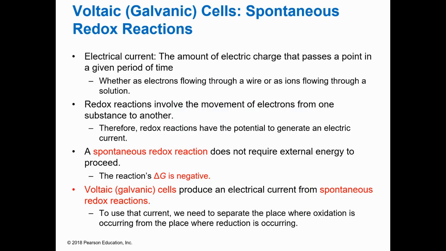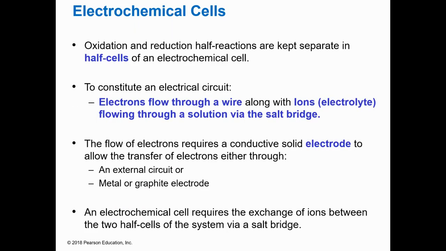All right, so we're going to have electrical current, and that's how we're going to measure the spontaneity of that reaction. Just remember that delta G is negative for spontaneous reactions. And again, those voltaic or galvanic cells, those are the ones that we're focusing on that are going to be spontaneous. So we are going to be focusing on those half cells.